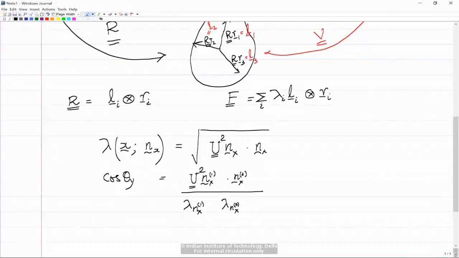So what you see is that it depends on u. Also the change in volume, dvy, was determinant of u into dvx.